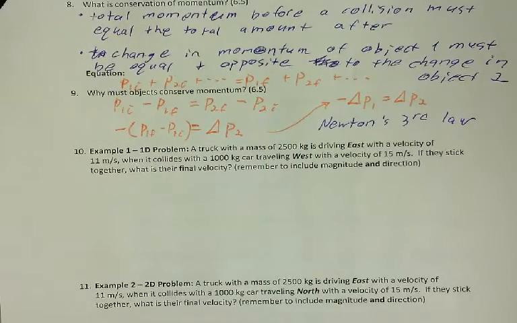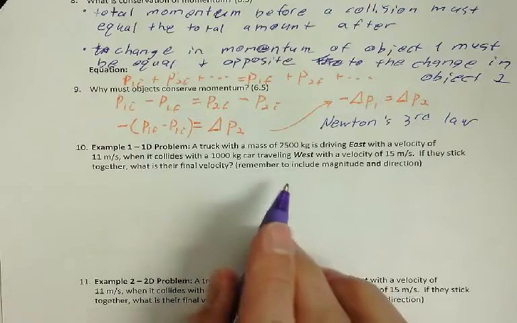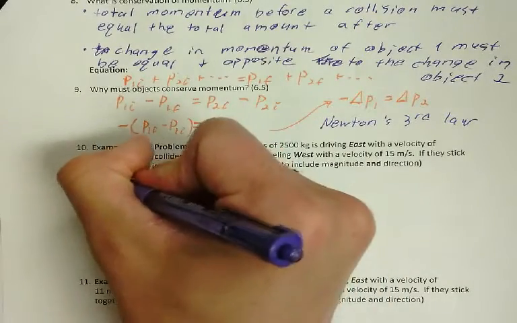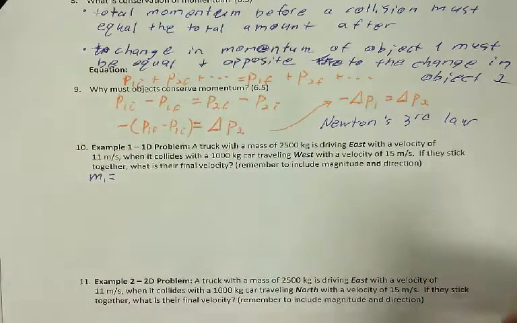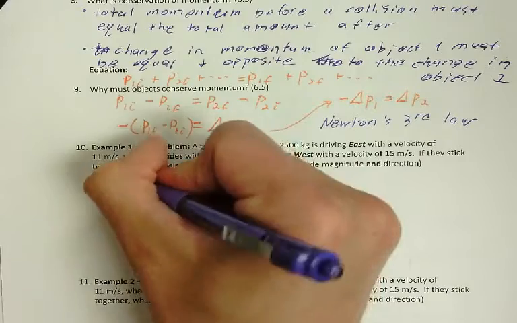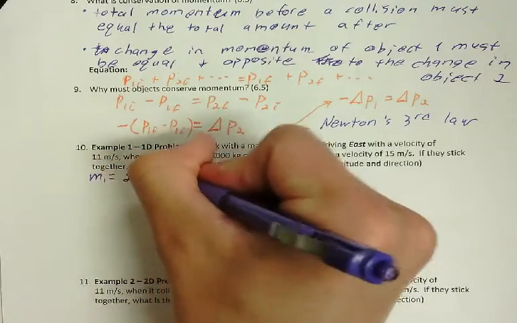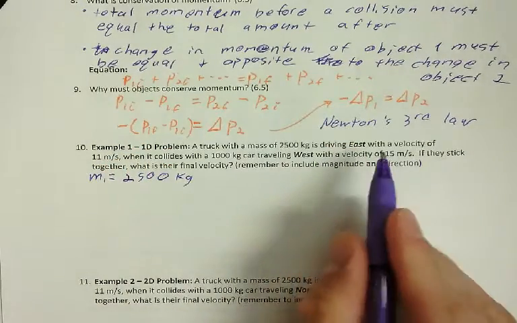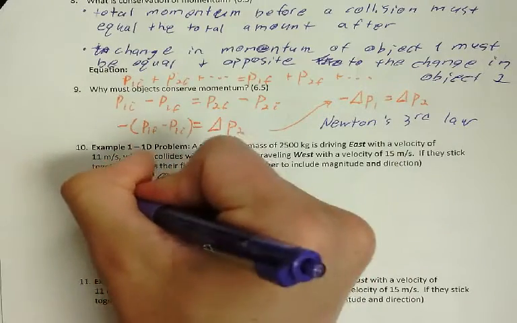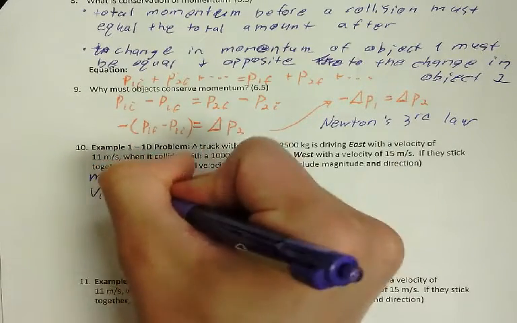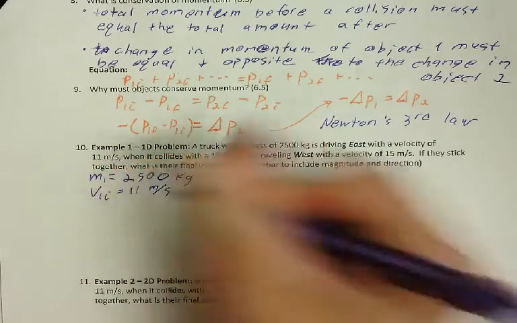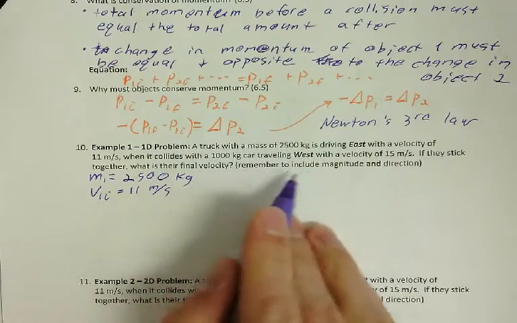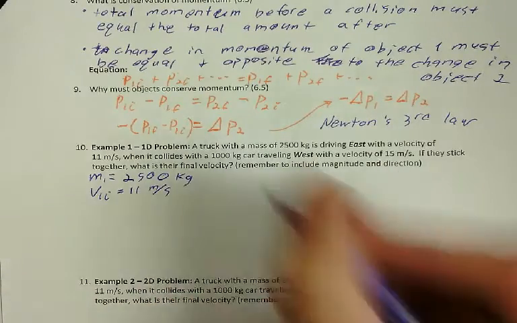Okay? So a truck with a mass of 2,500, so M1, because we have two objects, a truck and a car. With a velocity of 11, so V1 initial is 11. It collides with the 1,000 kilogram car going west with a velocity of 15.